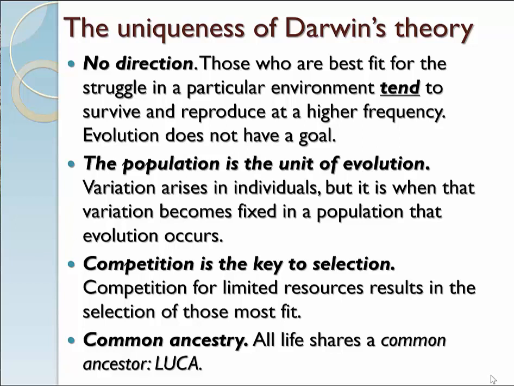So you can do genetic studies in the same sort of way. And all the genetic studies point back to a single common ancestor. And that single common ancestor has the acronym LUCA, which stands for Last Universal Common Ancestor.